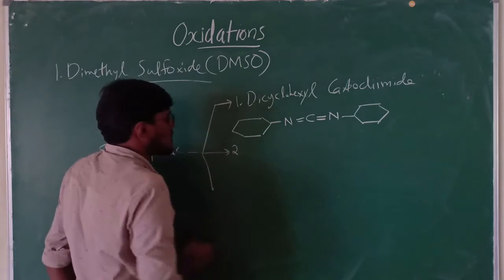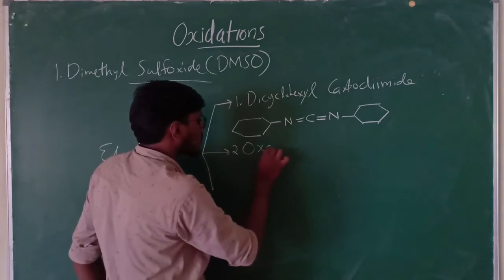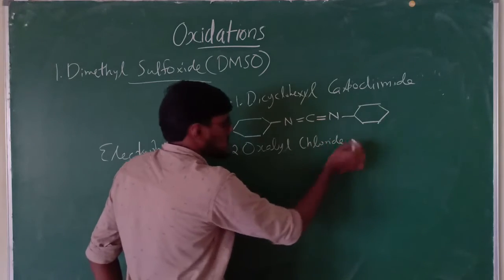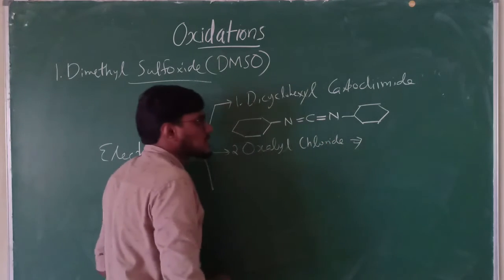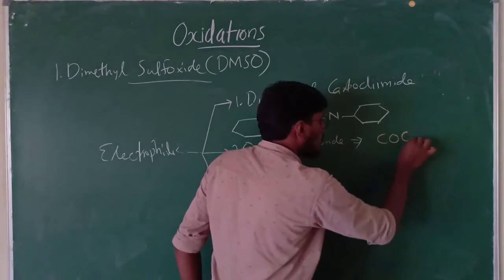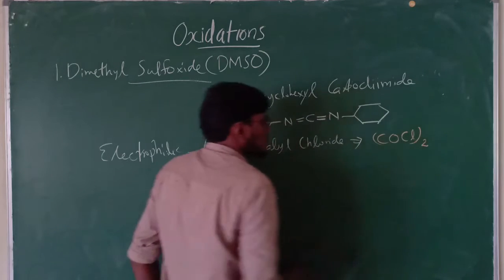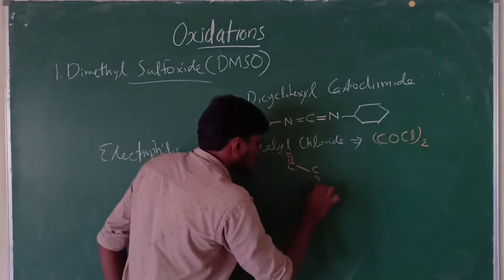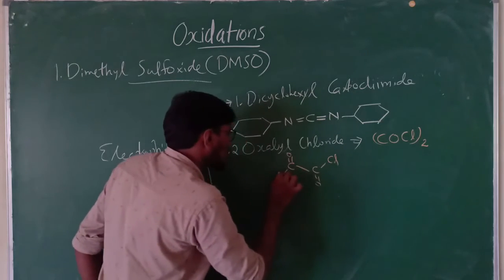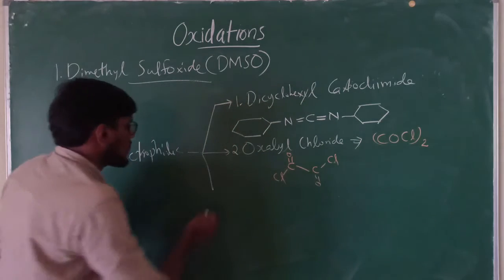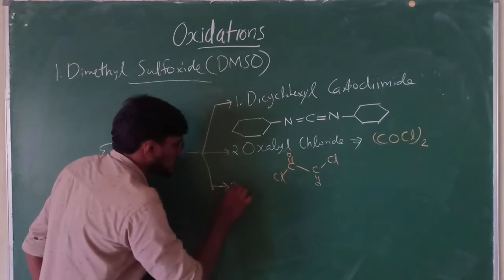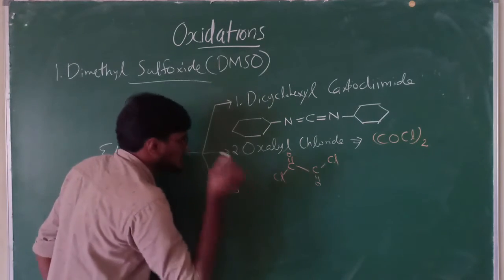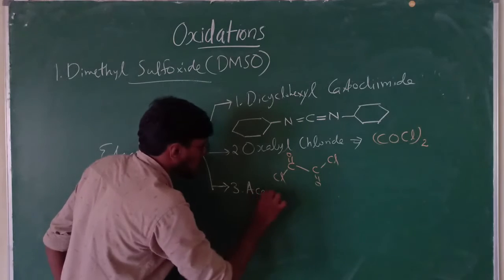Then another one is oxalyl chloride. The structure of oxalyl chloride is like this: COCl twice. The structure of this compound may be drawn like this: COCl. Then the third one we can use is acetic anhydride.